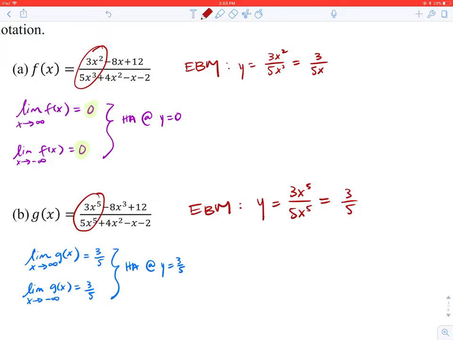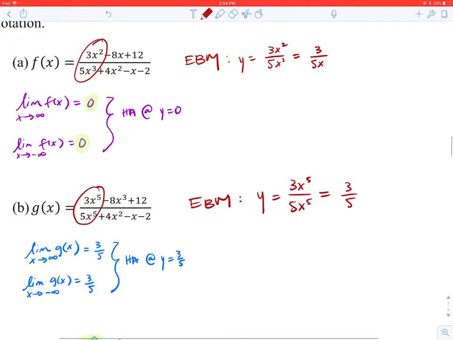So as x approaches positive infinity, for the horizontal line y equals 3/5, it would approach 3/5, and same thing as x approaches negative infinity. So g of x has the same end behavior as the horizontal line y equals 3/5.